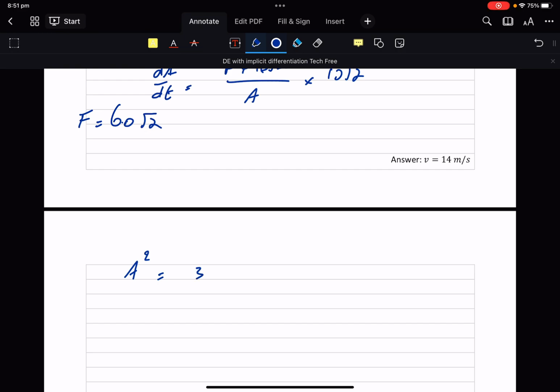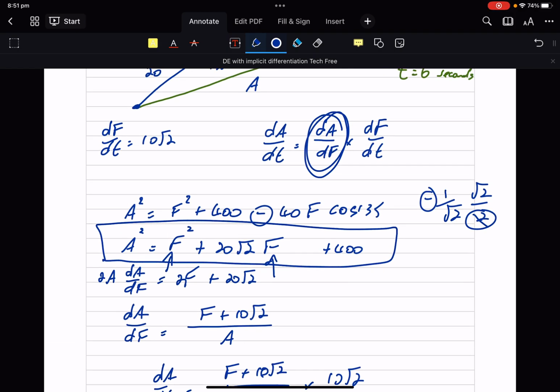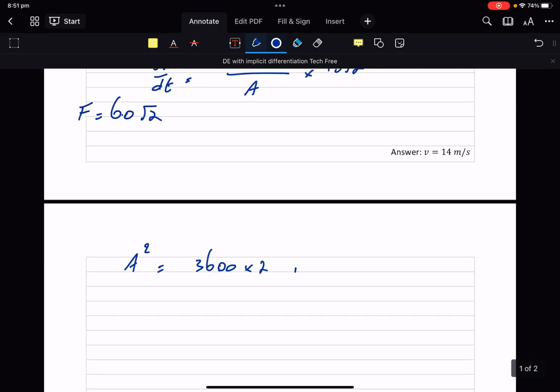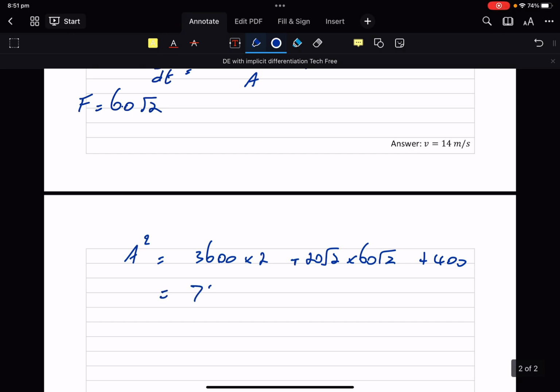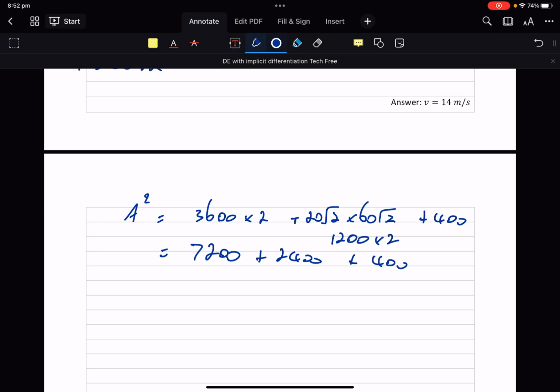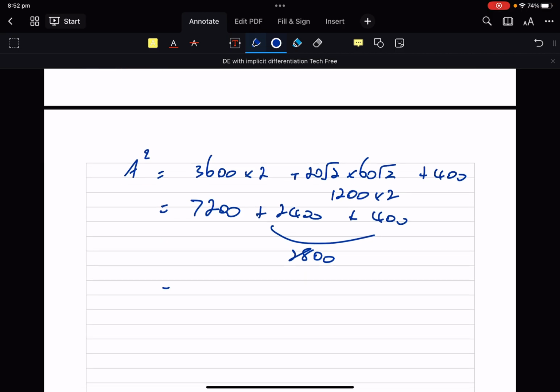So 6 sixes are 36, 2 zeros times 2, plus 20 root 2 times 60 root 2, plus 400. 2 sixes are 12, 2 zeros times 2, plus 400, so that's 2800, and 7200 is 10,000. So what's A? A equals 100.